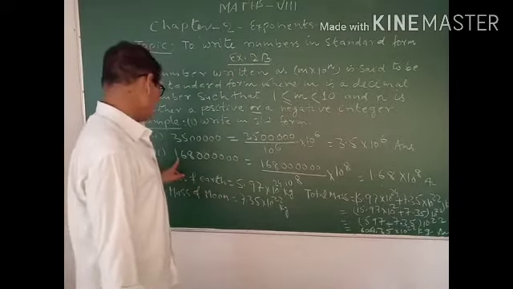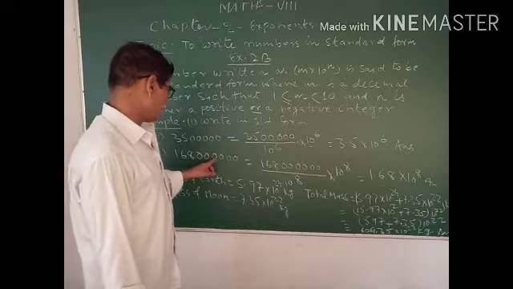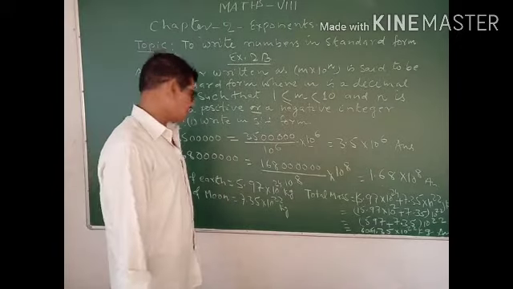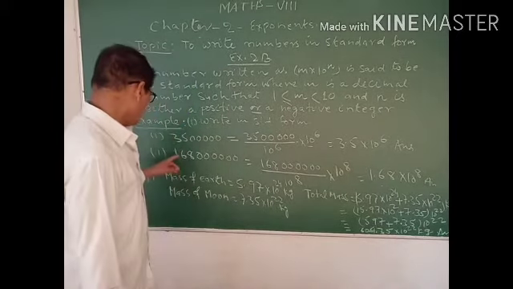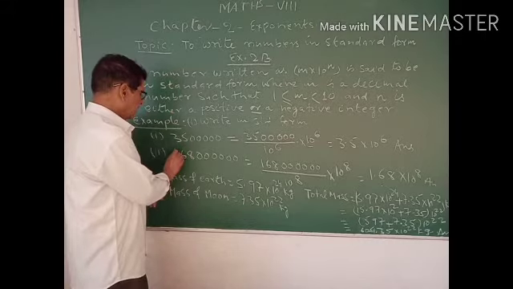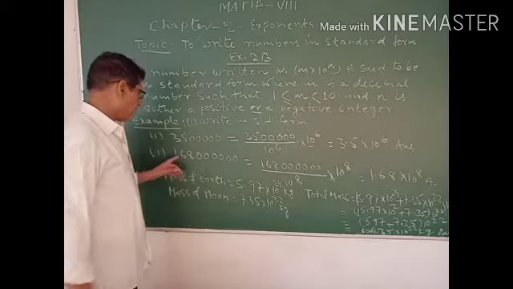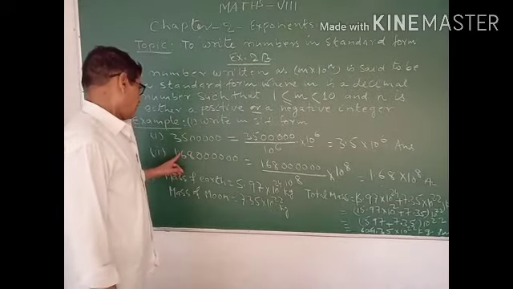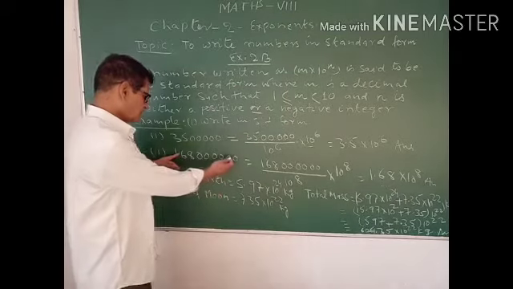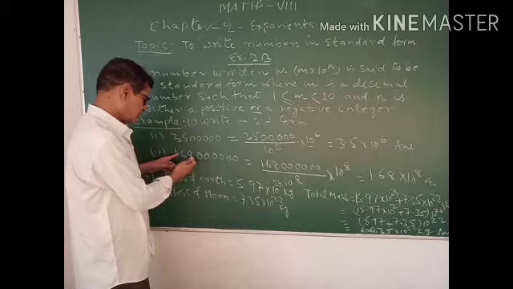Next example is 168000000, where we want to keep the decimal after 1. What should be our approach? Now count the digits: 1 2 3 4 5 6 7 8.